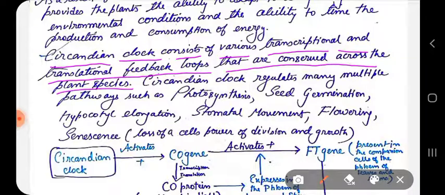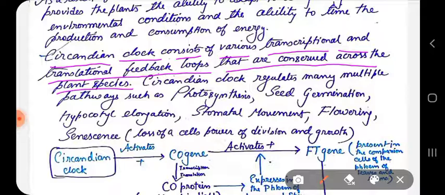If I talk about the circadian clock of the plant, this biological clock consists of various transcriptional and translational feedback loops. That means the transcription of certain genes, here the flowering genes. We are mentioning flowering genes here, and the translational feedback loop.